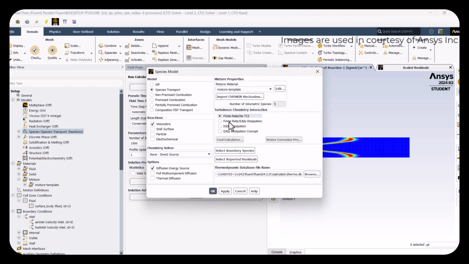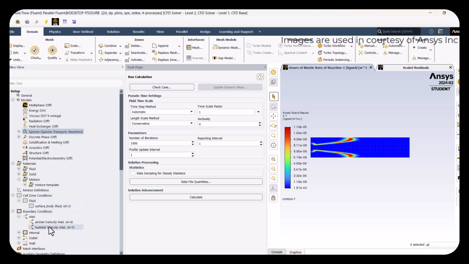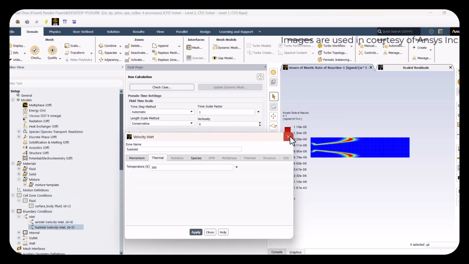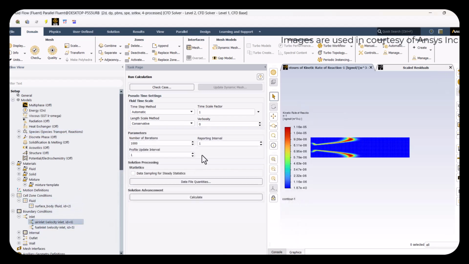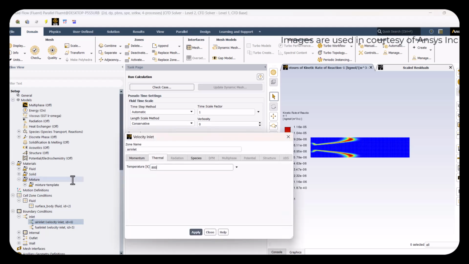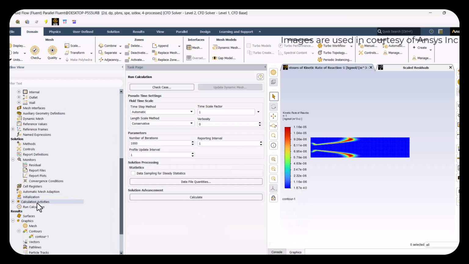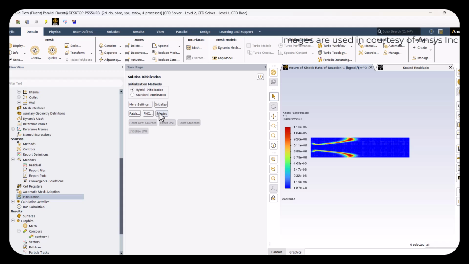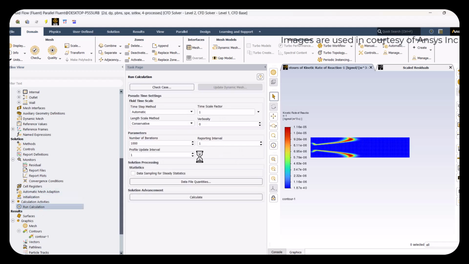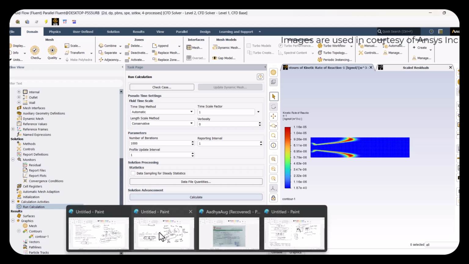Now instead of that, if I go to the finite rate Eddy dissipation model, again reducing my temperature to 300, now you cannot see any reaction rate again because it will take the minimum of these two.